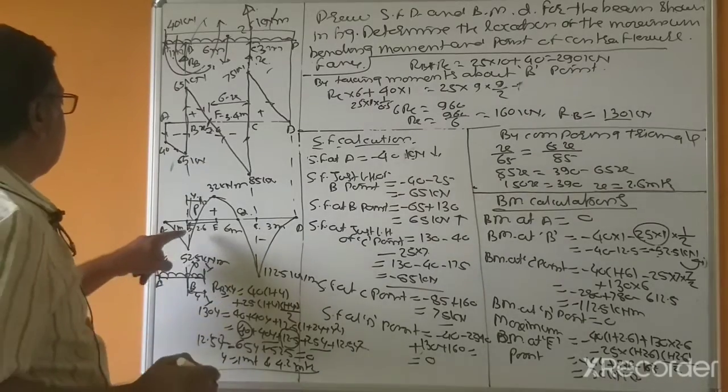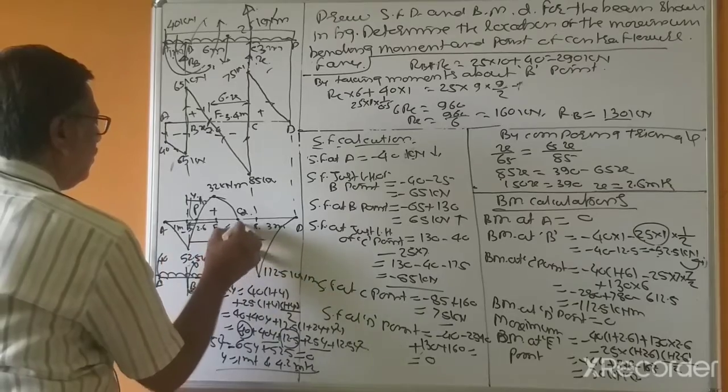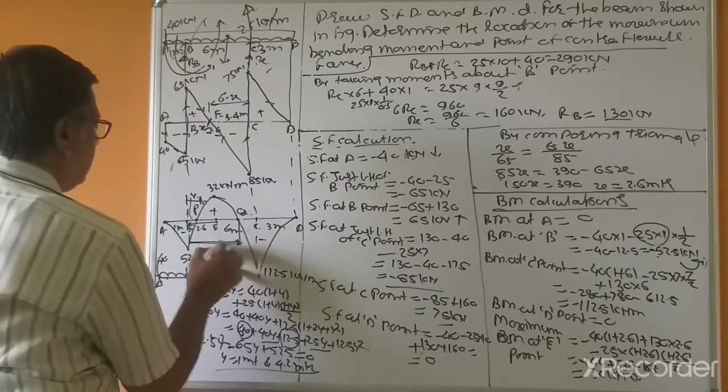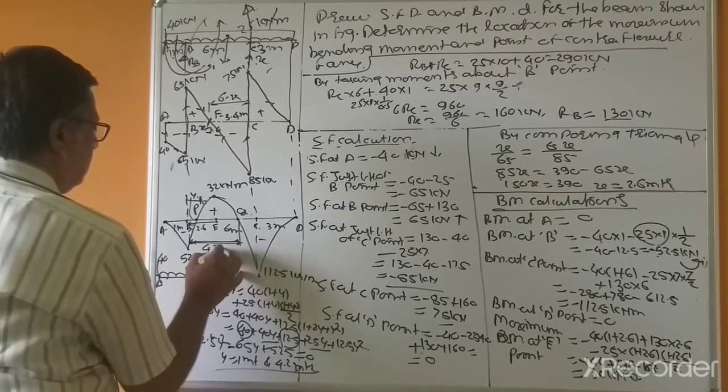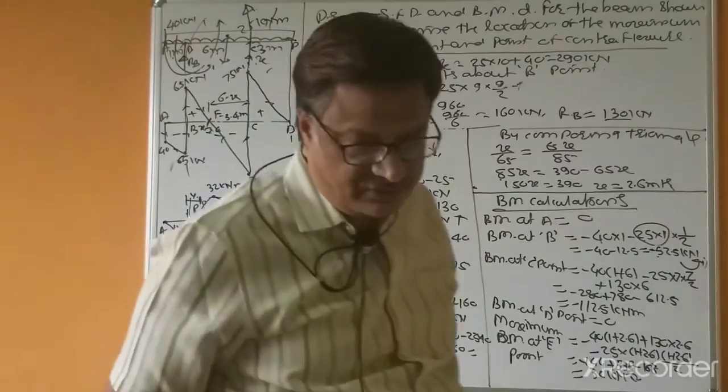This distance equals 1 meter and this distance equals 4.2 meter, and these are the points of contraflexure.